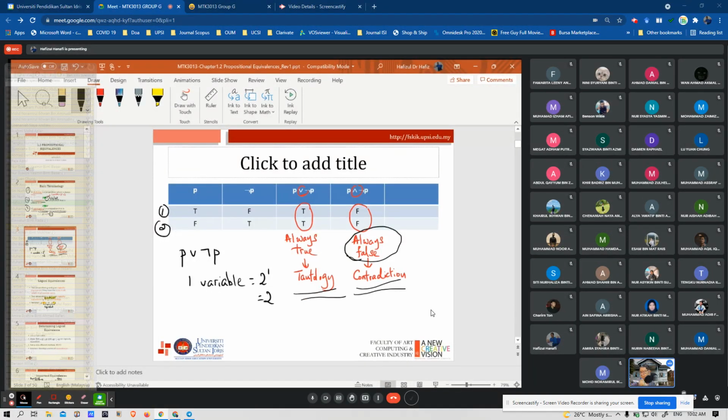To have the truth table, you need 2 to the power of 1, equivalent to 2, for one variable, P only.